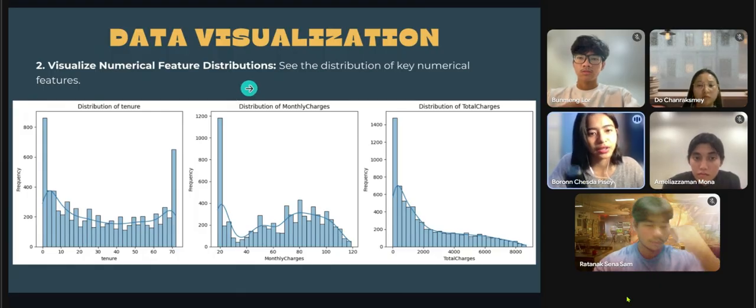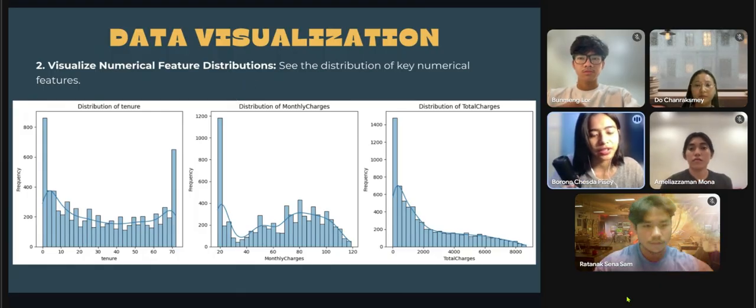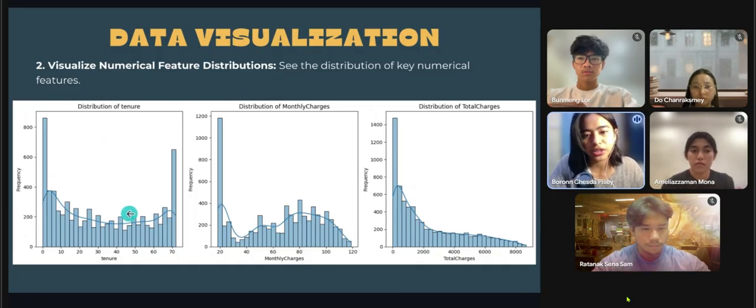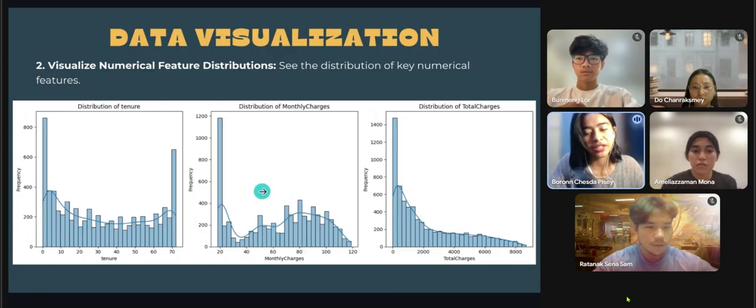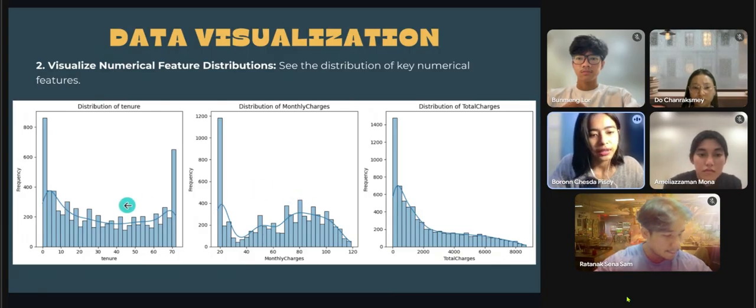In the visualization of numerical feature distributions, we see that the tenure distribution is highly skewed, with a large number of customers having very short tenures, and another peak at the maximum tenure, suggesting many customers either leave early or stay long term.